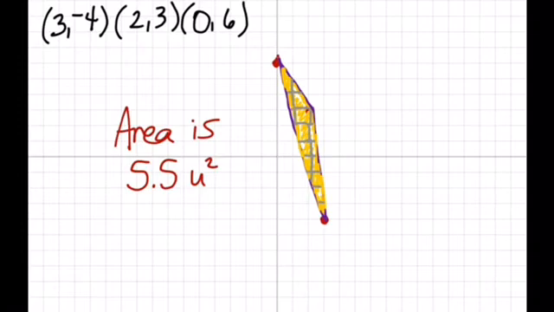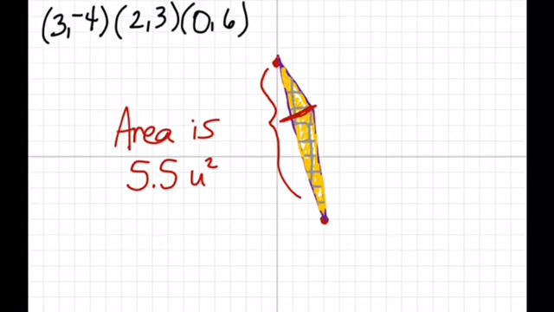So that's what we just did with the matrix. You can see that it's not a right triangle, so we would have difficulty finding the altitude in order to find the height, and then we'd have to use the distance formula to find out what the base was. So the matrix method is a lot easier to do, especially for a triangle like this.